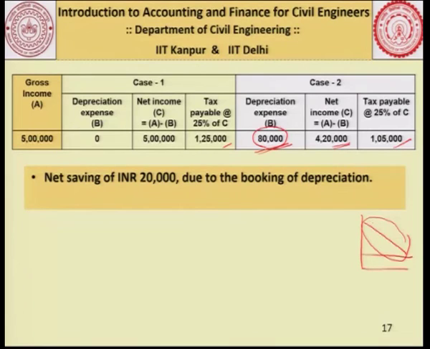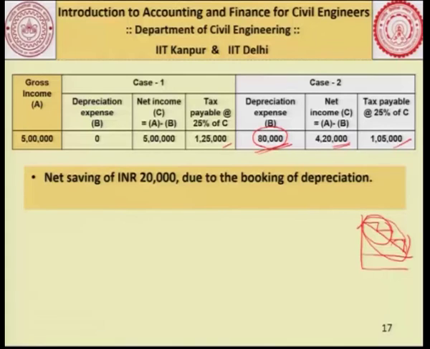They may be interested in a situation where instead of the depreciation being equally distributed over the service life, they may like that in the initial part of the use of that equipment, the depreciation expenses are more. That is, more expenses are admissible as depreciation expenses than later, even though the initial value and the salvage value do not necessarily change. But that is something which we will come to later.